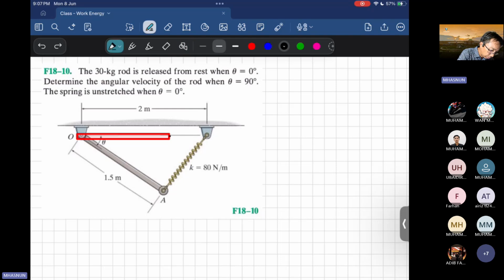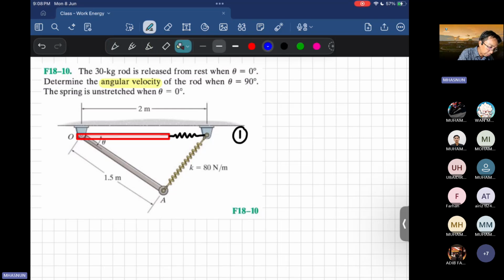So this is how the spring looks in the first position. This is our position number 1, and then it is released from rest. And what we want is to determine the angular velocity when theta is equal to 90 degrees.